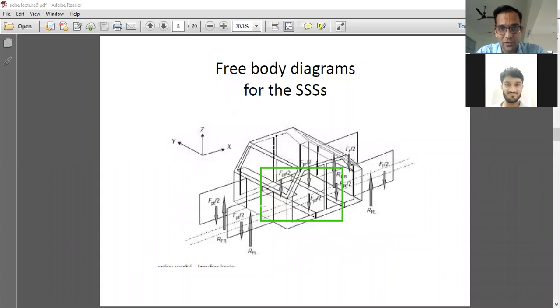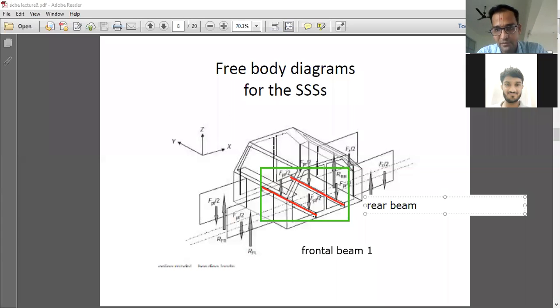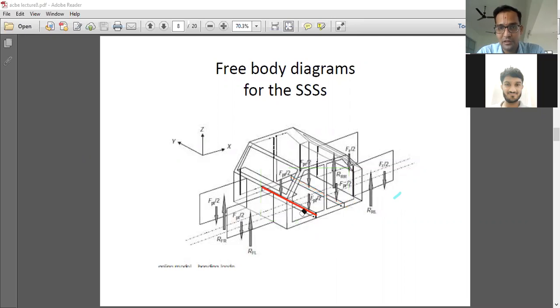So be clear what you are doing and how you need to analyze the criteria or loading condition in your component. This is frontal beam 1 and this is the rear beam, on which loads are acting. This one is the rear beam and this one is the frontal beam. We have seen the load condition and criteria for this particular configuration.